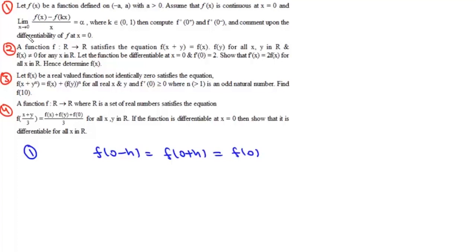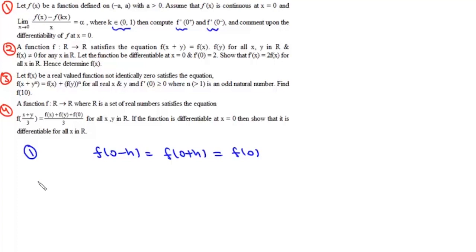It is given that limit x tends to 0 of f(x) minus f(kx) upon x is equal to alpha, where k lies between 0 and 1. Then compute f dash 0 positive and f dash 0 negative, and comment on differentiability of f at x equals 0. Now what we'll do is we'll first solve this limit.